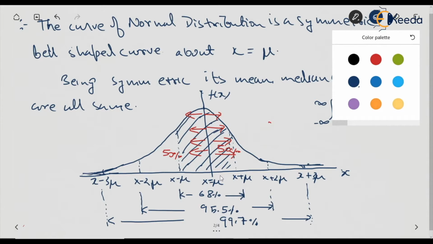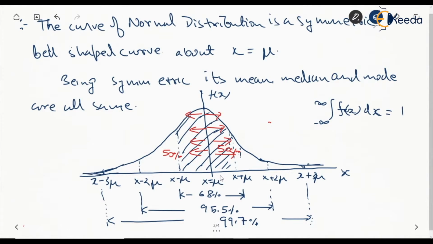So if I am saying, let's take it till here. If this overall area from x minus mu to x plus mu is 68%, then this also means that this half will be half of 68%, which is 34%, and this is going to be 34% as well. Other than that, if we have to find up to x plus mu, then up to x equal to mu, we know this is going to be 50%, and x equal to mu to x plus mu is 34%.